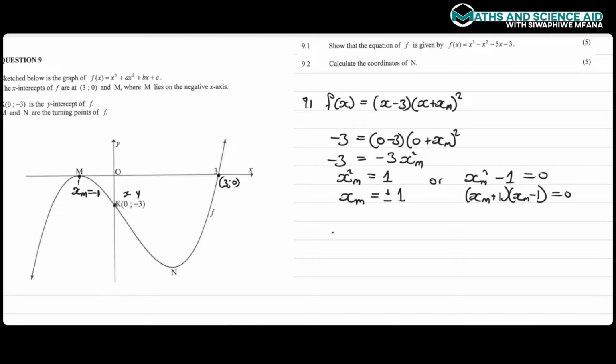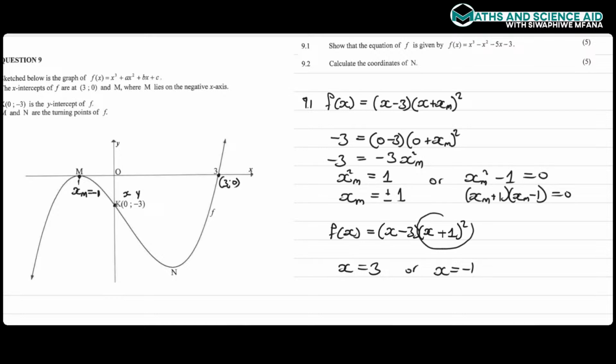So it will be -1 because it's on the negative x-axis. However, here on our f of x that we are solving, that must be positive. So we'll have f of x equals x minus 3 into x plus 1 all squared, which is why here we've got our x-intercepts at x is equal to 3, which is the one that we're already given, and we also have the x-intercept at x is equal to -1.